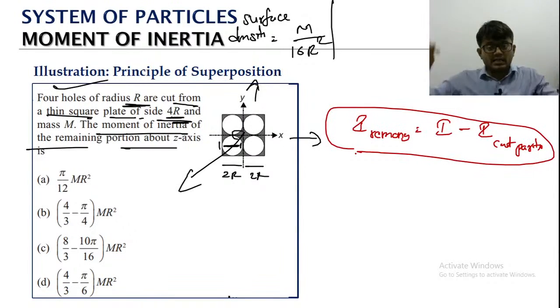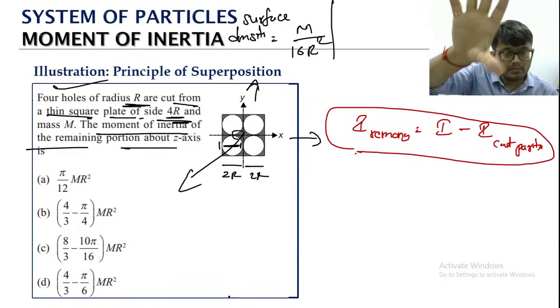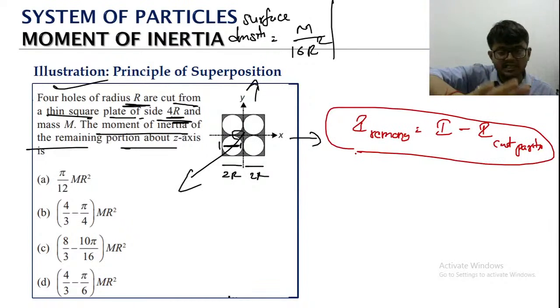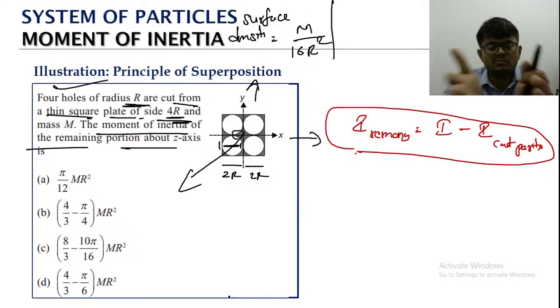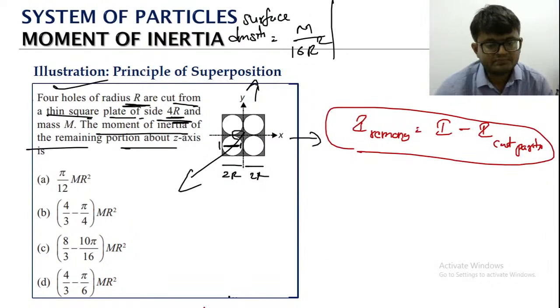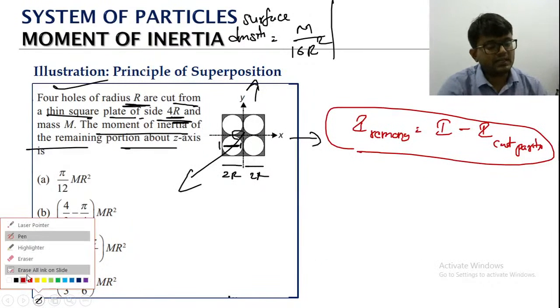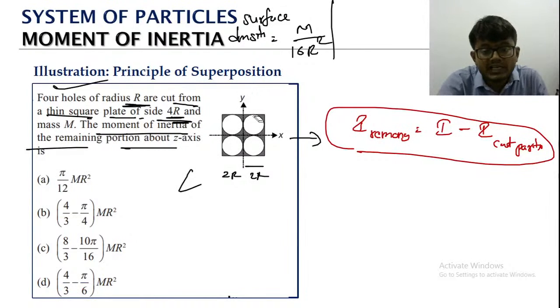The original sheet is symmetric, and the 4 circular holes are also symmetric. So how do you find the remaining moment of inertia? Superposition means we take the overall moment of inertia of the full plate initially, and from that we subtract the moment of inertia of the cut portions. That will give us the moment of inertia of the remaining part. So first we will start with the moment of inertia of the original plate.